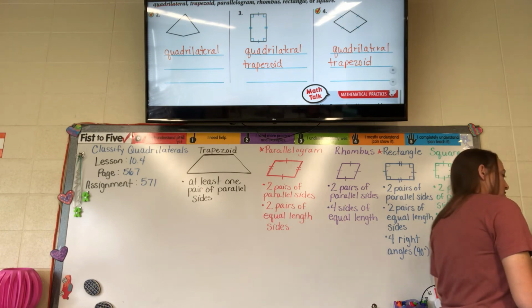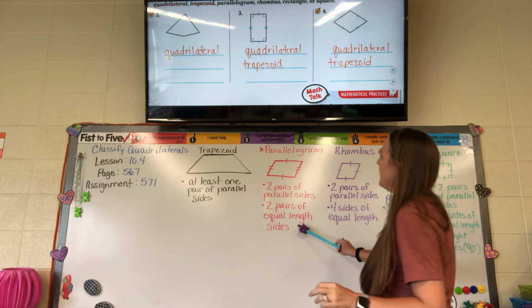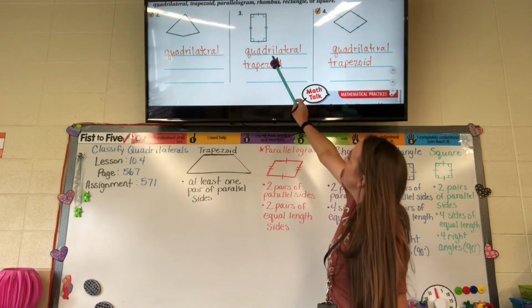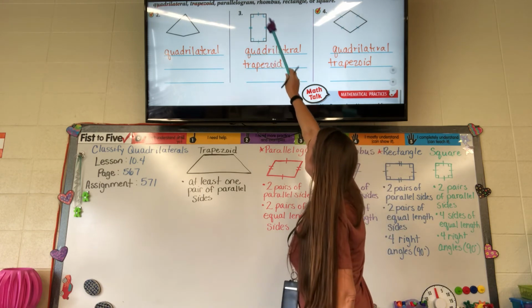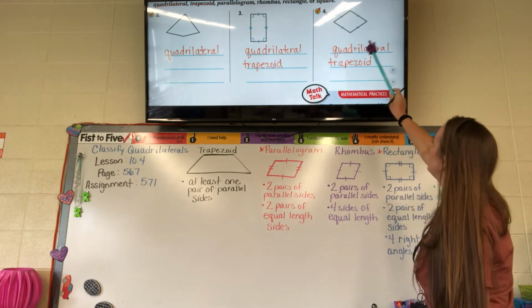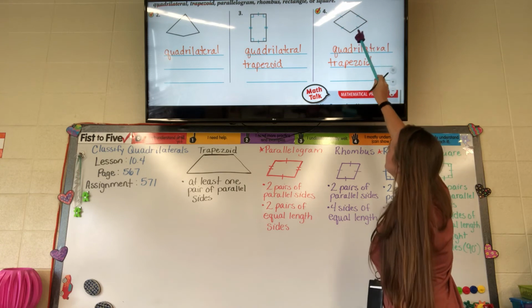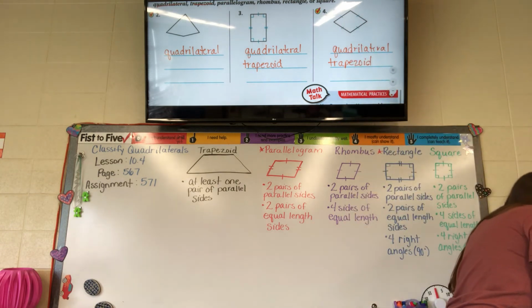Parallelogram. 2 pairs of parallel sides and 2 pairs of equal length sides. So not a parallelogram. It is a parallelogram because it's got 2 pairs of parallel sides and 2 pairs of sides that are equal length. This one the same way. This side is the same as this, and this side's the same as this. So 3 and 4 are also parallelograms.